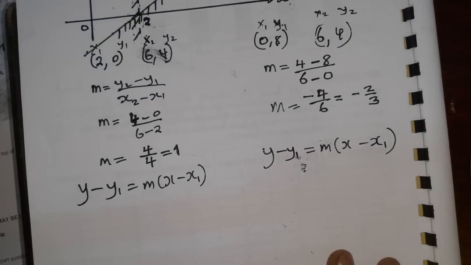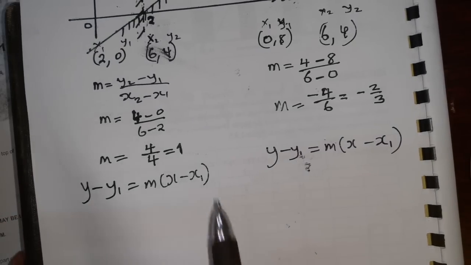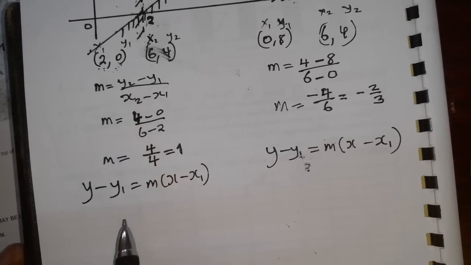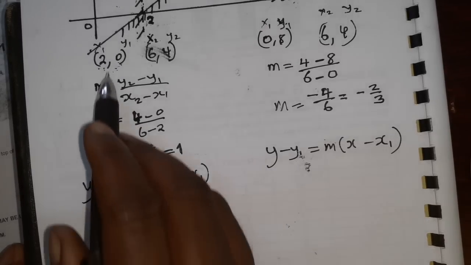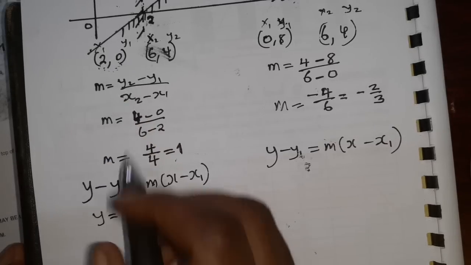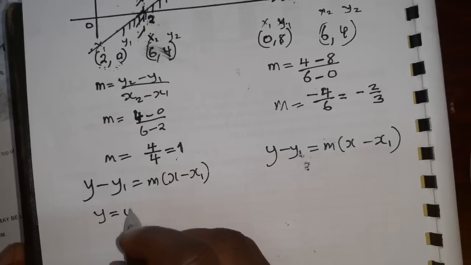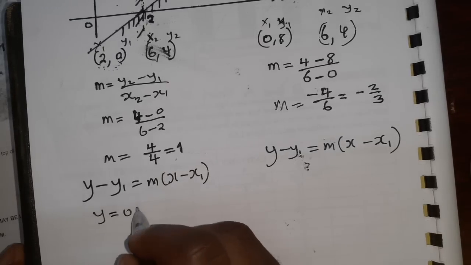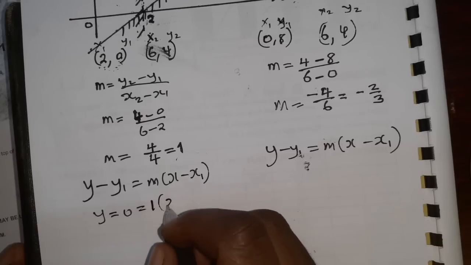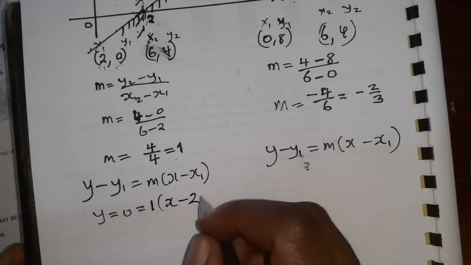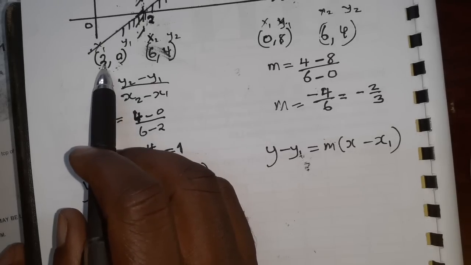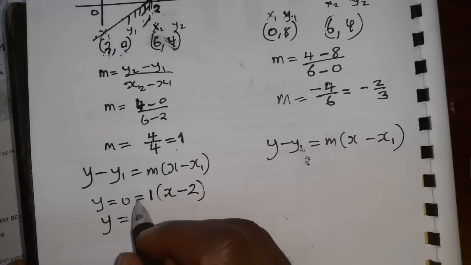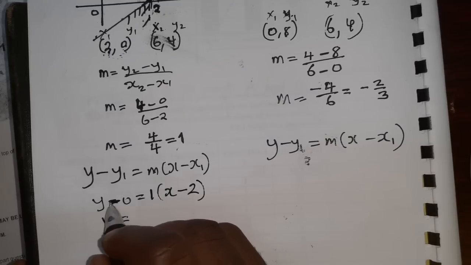With regard to which point you pick, we go for this one here. Our gradient is 1. What is our y1? Our y1 here is 0. So y minus 0 is equal to 1 times x minus 2. Sorry, this is supposed to be minus here.